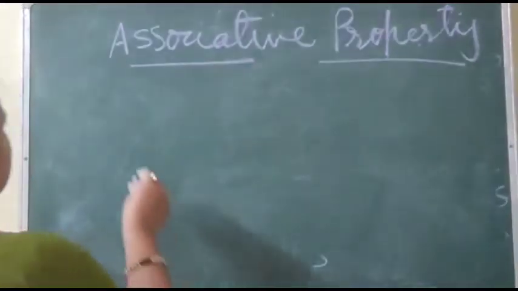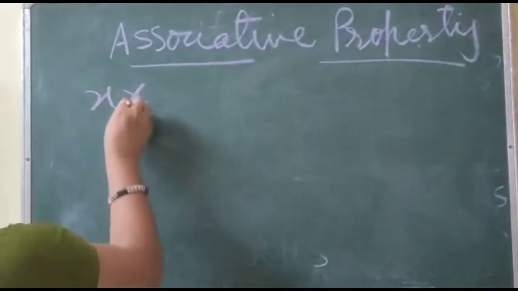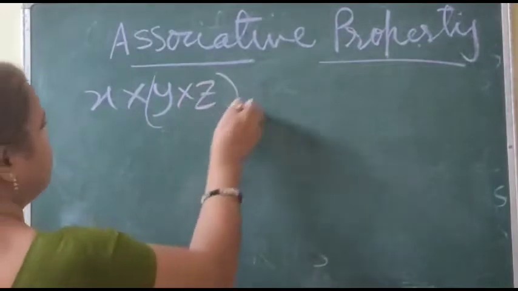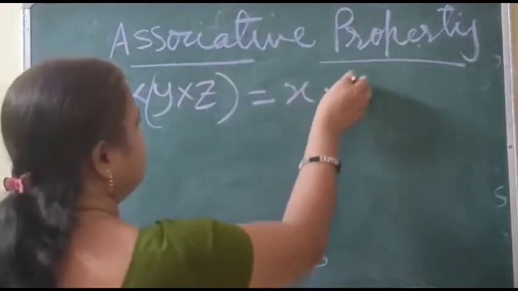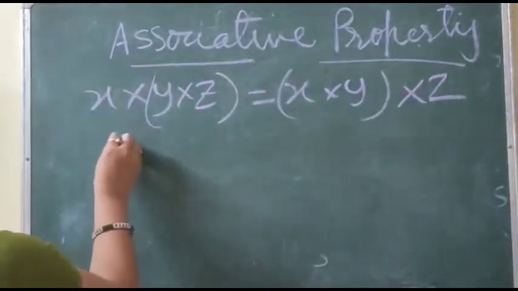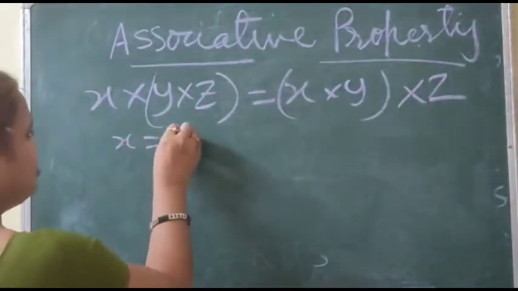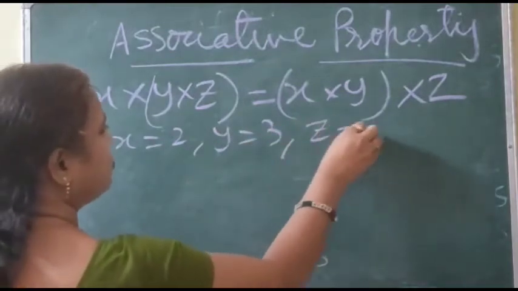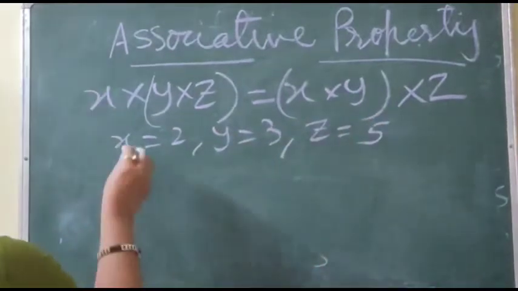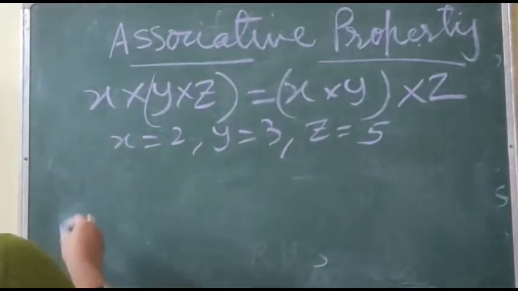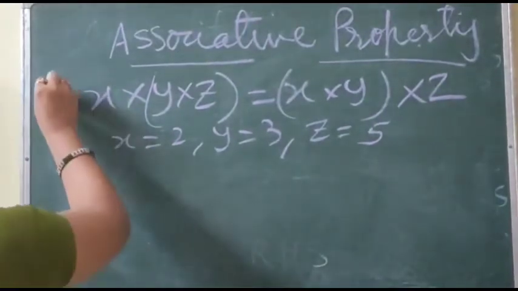So x into y, into z, is equal to x into y and then into z. If x is 2, y is 3, and z is 5, let's check whether LHS is equal to RHS or not.